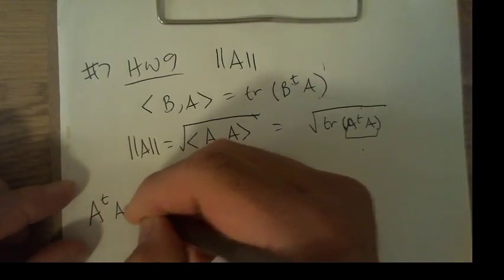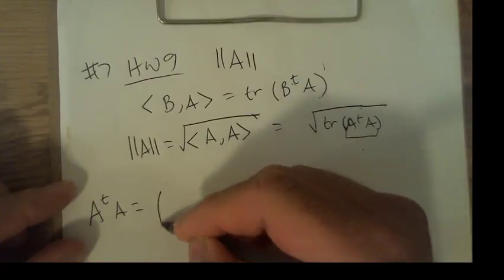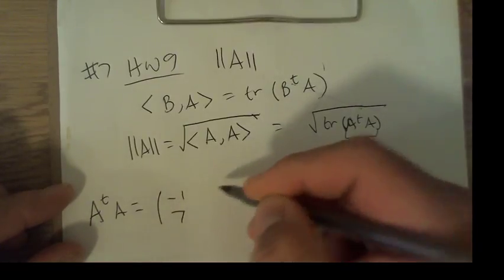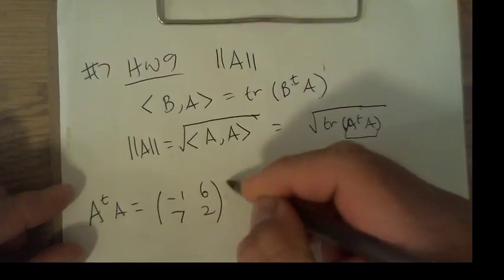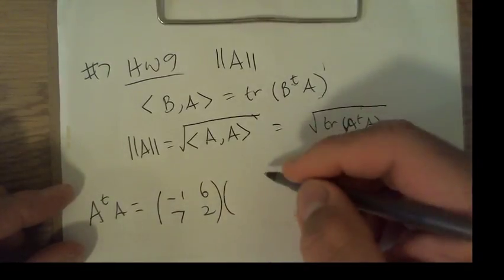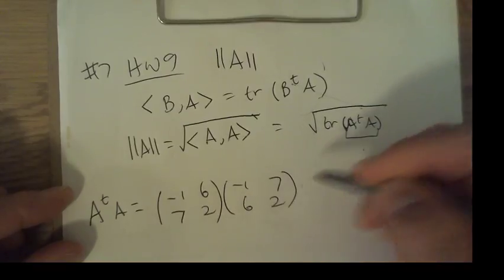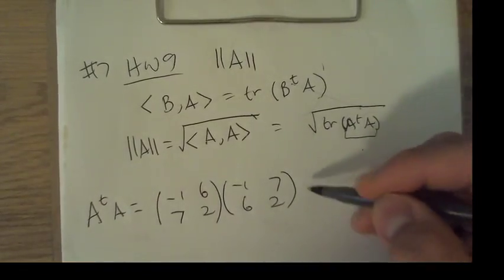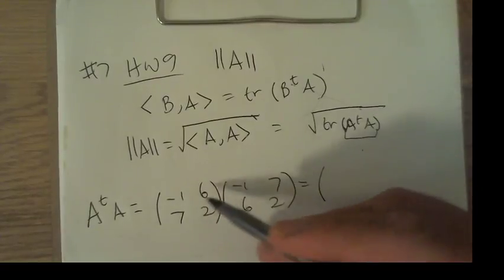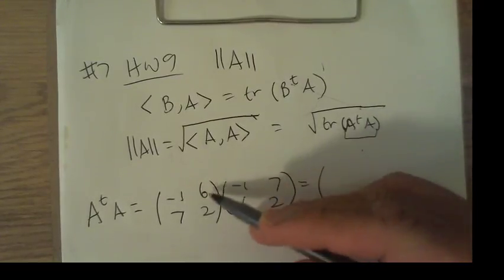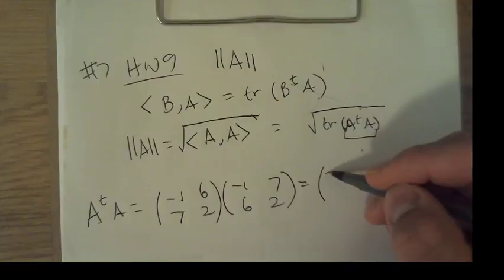A transpose A is equal to [-1, 7; 6, 2] times [-1, 7; 6, 2]. Okay, and multiplying that out, we'll get 1 plus 36.